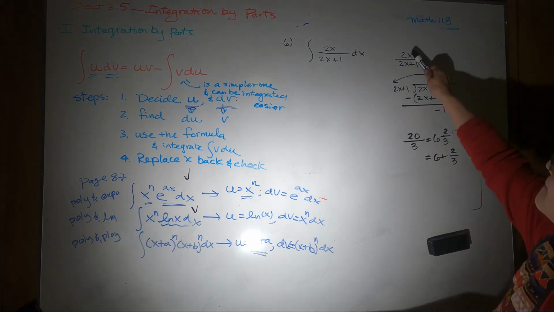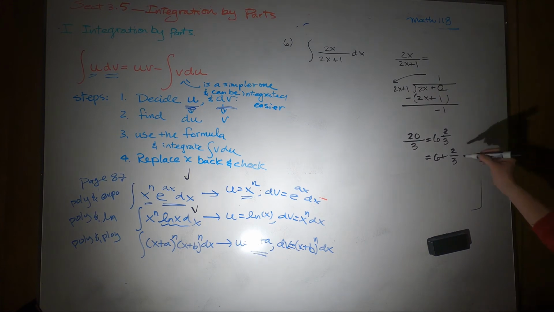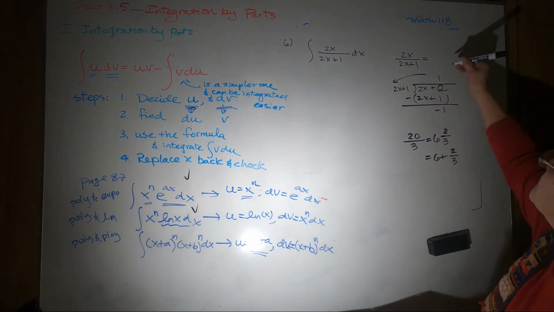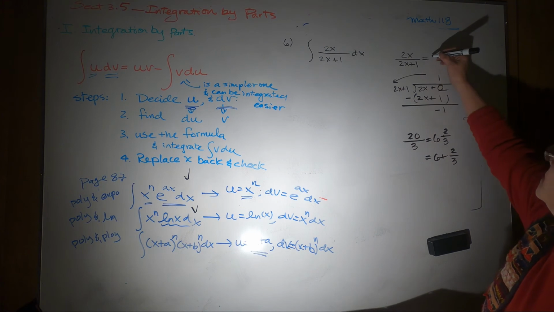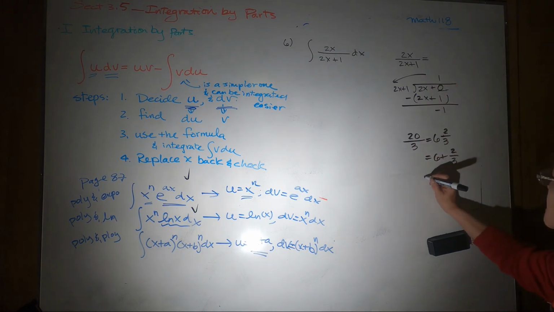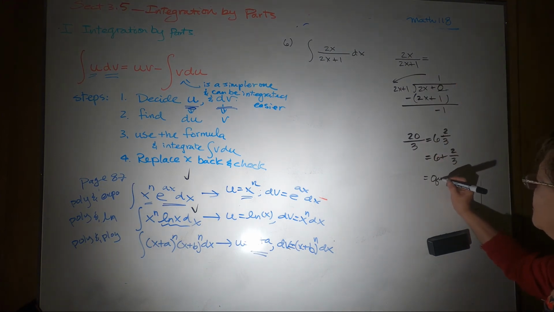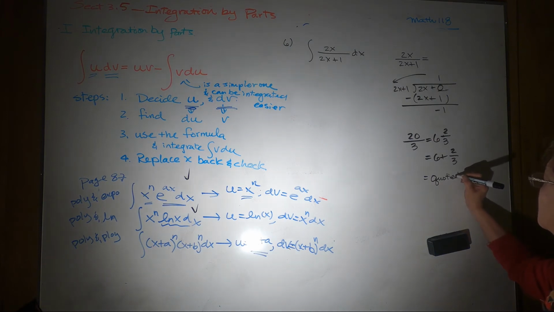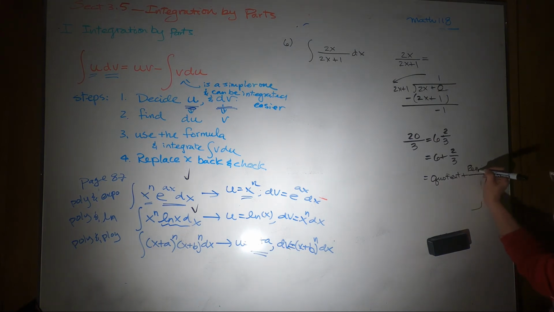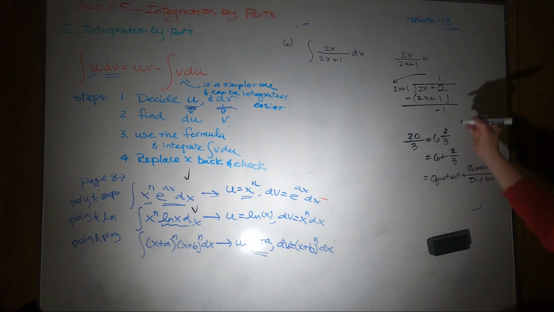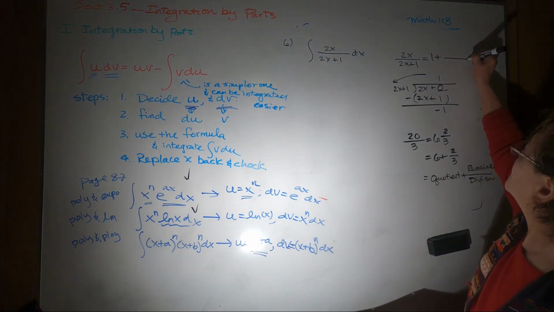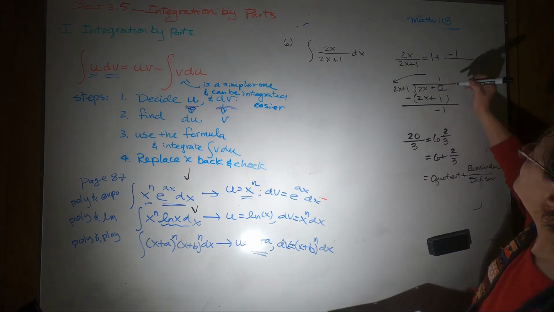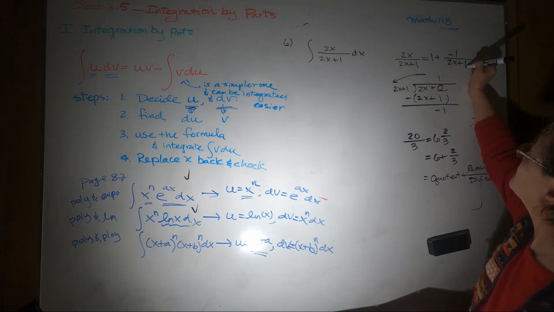When they have the same degree, we can write this as the quotient plus the remainder over the divisor, right? It's a lot of algebra. So that would be 1 plus -1 over the divisor.